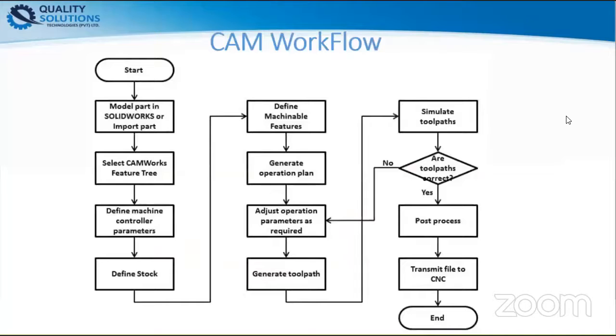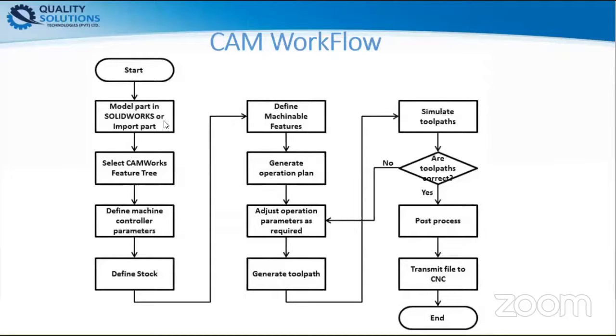All right, so here we have the basic CAM workflow, which shows where we have to start and to what stage we have to end. And this is specifically for the CAM. It all starts with the part modeling. We have to design a 3D CAD model in SolidWorks, or we can also import the CAD model from different software.